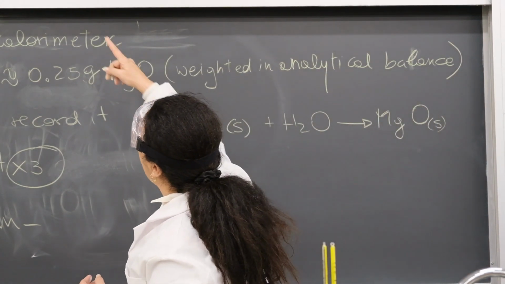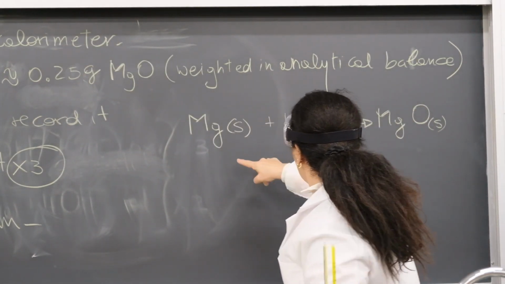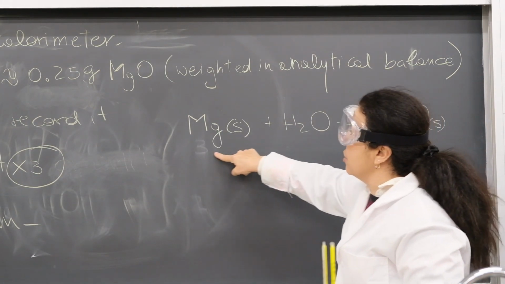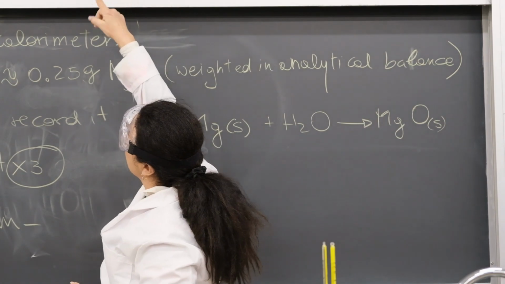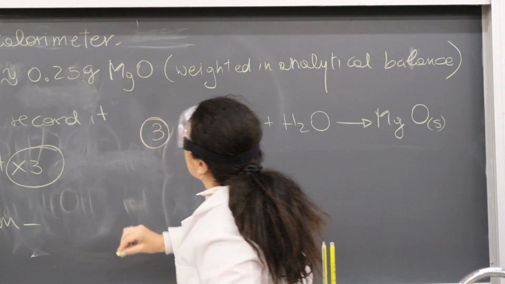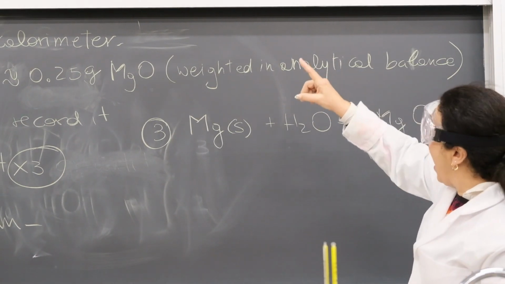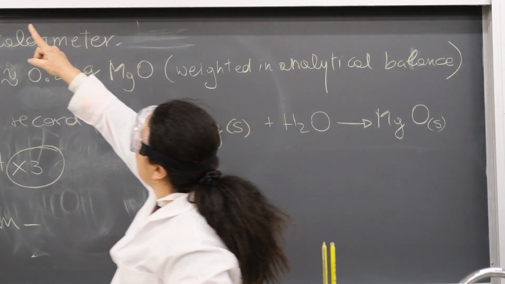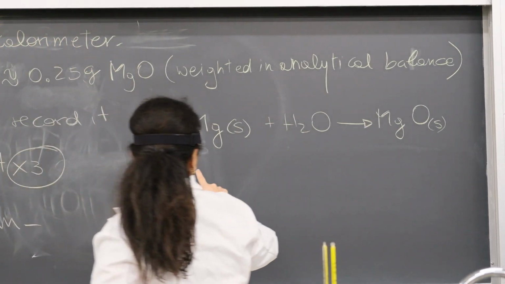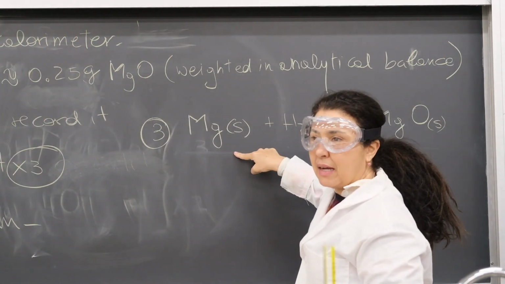So how do I put together these two reactions, 1 and 2, so they obtain reaction 3? I look at the reactant and the product. I see that in reaction 1, magnesium is on the reactant side.